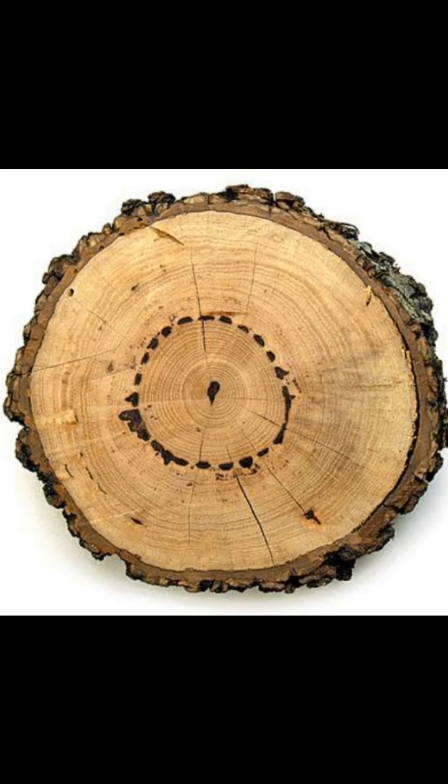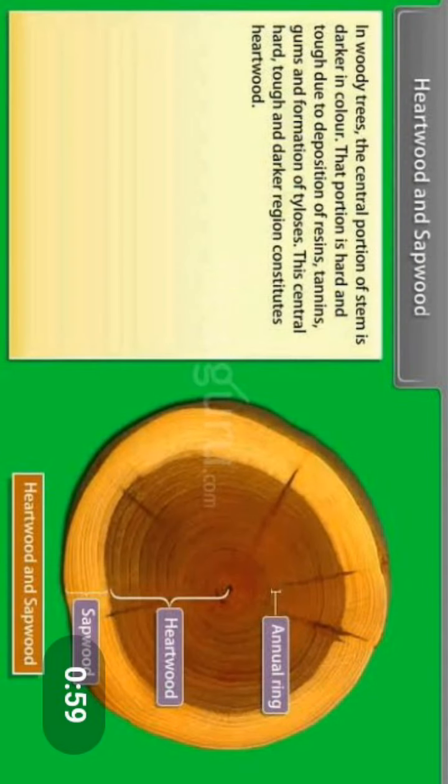Understand? When people cut those trees, by seeing the stem nature, we can identify the approximate age of those trees. Is this clear? Then, students, one more important concept: heartwood and sapwood.